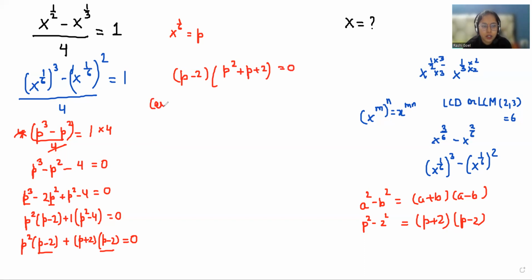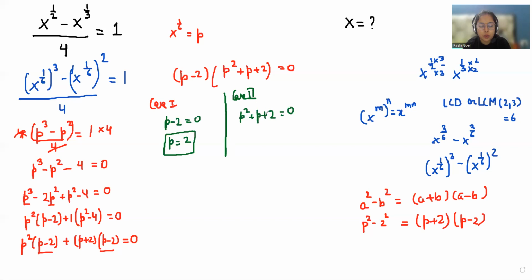Now we have two cases. Case 1, when p minus 2 is equals to 0. So p is equals to 2. Now case second, p square plus p plus 2 is equals to 0. So we can use here the discriminant b square minus 4ac.